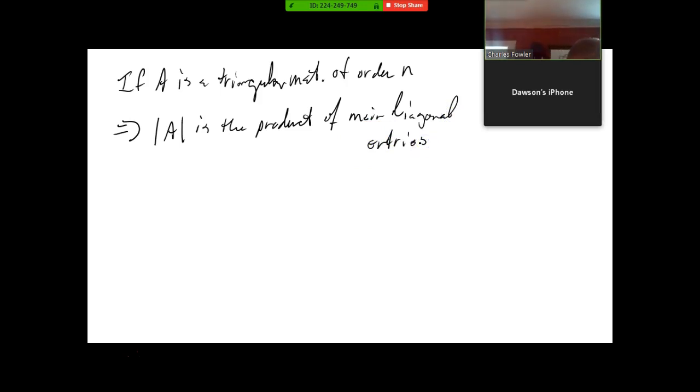Pretty ugly writing, but you got it. Just multiply the main diagonal entries together.